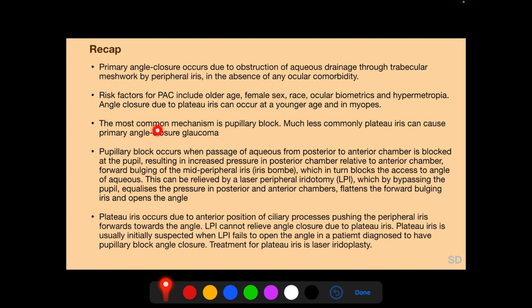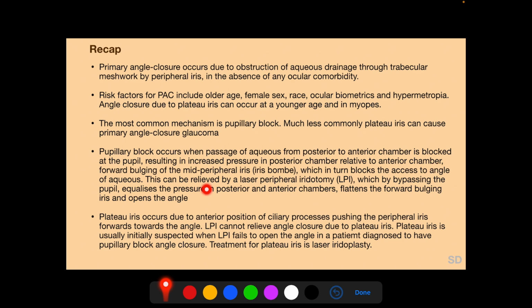The most common mechanism of primary angle closure is pupillary-block. Much less commonly, Plateau-iris can contribute to primary angle closure glaucoma. Pupillary-block occurs when passage of aqueous from the posterior to the anterior chamber is blocked at the pupil, resulting in increased pressure in the posterior chamber relative to the anterior chamber, which leads to forward bulging of the mid-peripheral iris called iris bombe, which in turn blocks access of the aqueous to the angle.